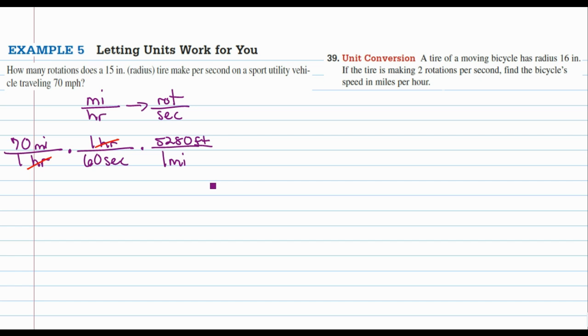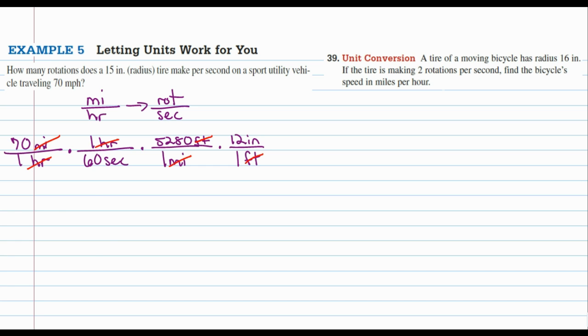Then I know that 1 foot is 12 inches. The unit miles cancel, and the units feet cancel. So now I'm in inches per second, but I want rotations per second.